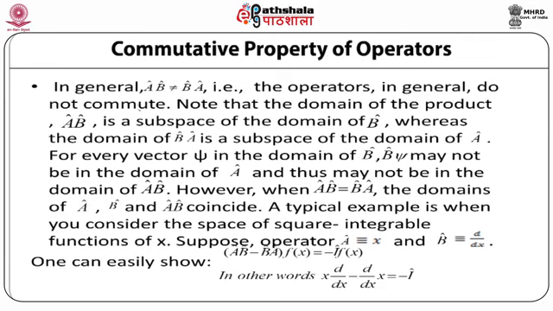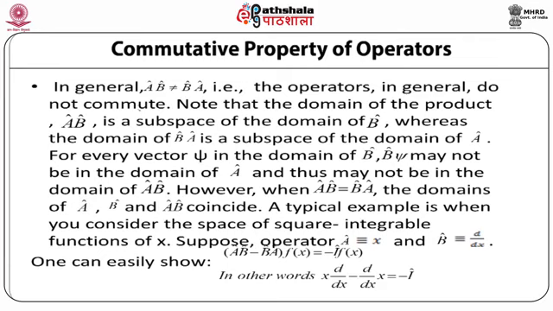Then we see that the product of the operators A and B minus the product of the operators B and A acting on some function f(x), which is a function of x, is equal to minus identity operator acting on the function f(x).